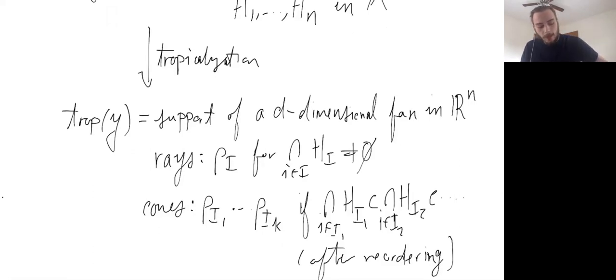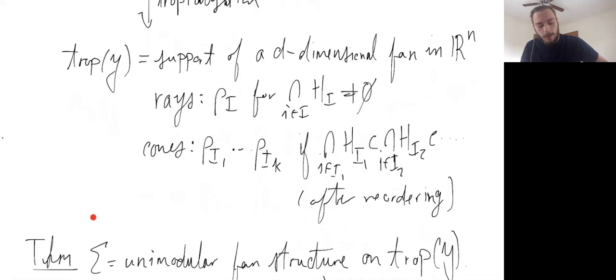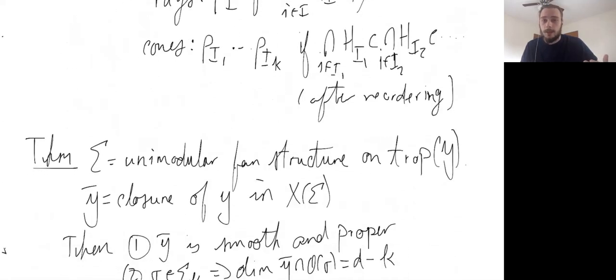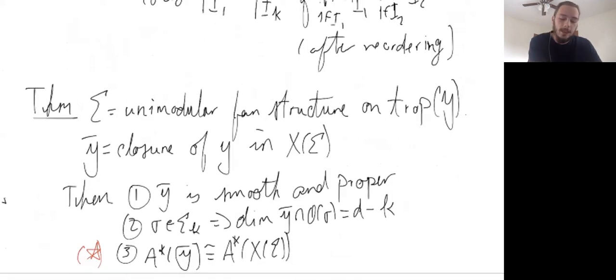So the main theorem about these compactifications I've written down here. It says if I take any unimodular fan structure on this tropicalization, this gives me a smooth toric variety, and then what I can try to do is take the closure of Y in this smooth toric variety.